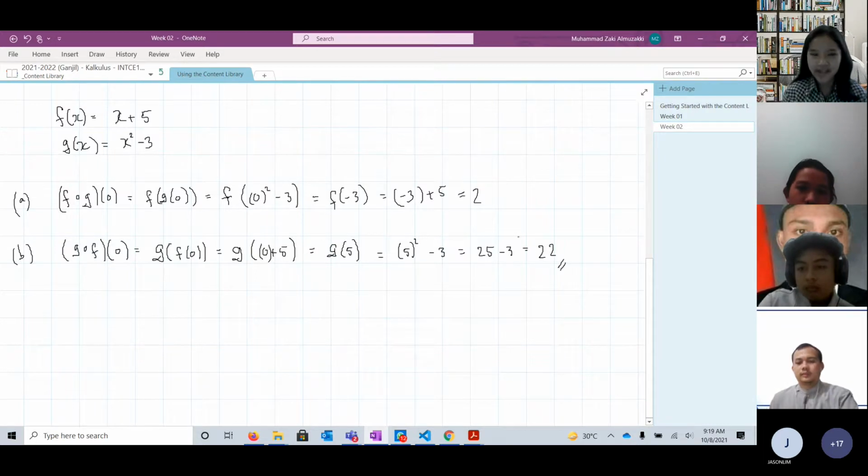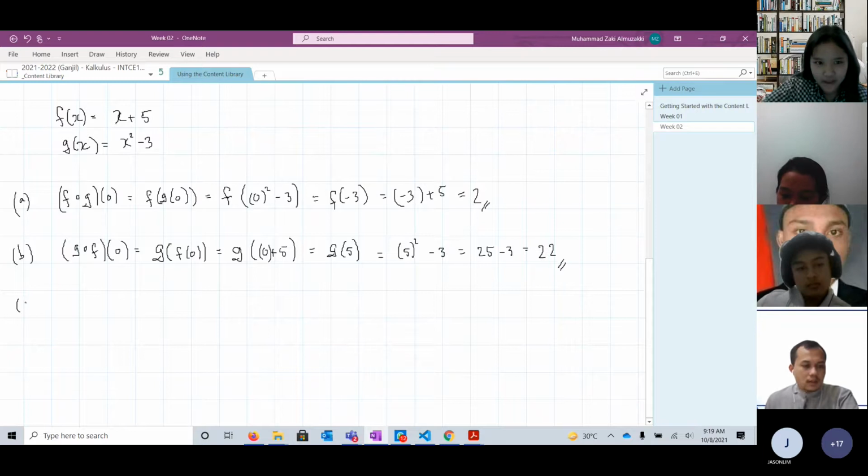Then that is correct. Okay, now what is f composed with g of x?